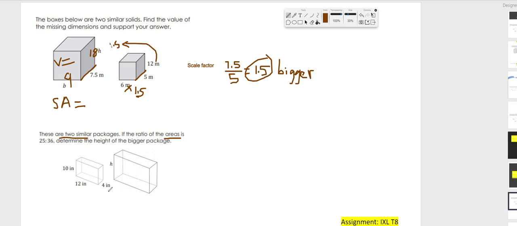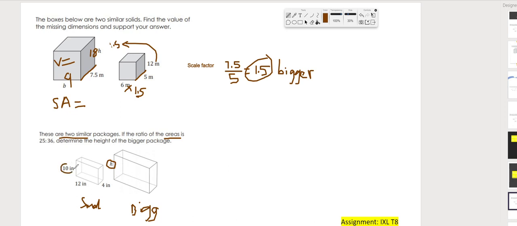Remember, with similar shapes you always compare the smaller box with the bigger box. They're telling you the ratio is 25 to 36, and you want to find the height, which is H, and the corresponding side for H is 10.